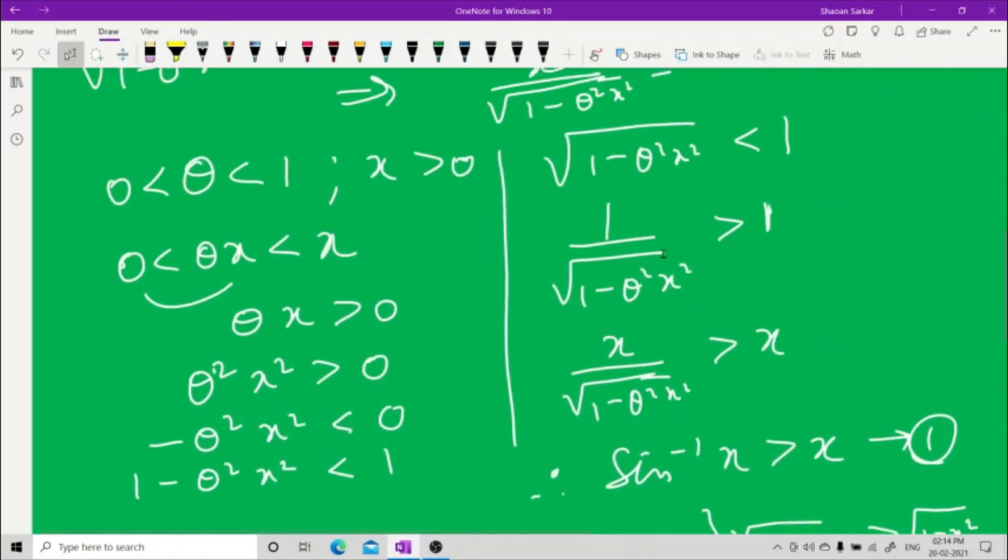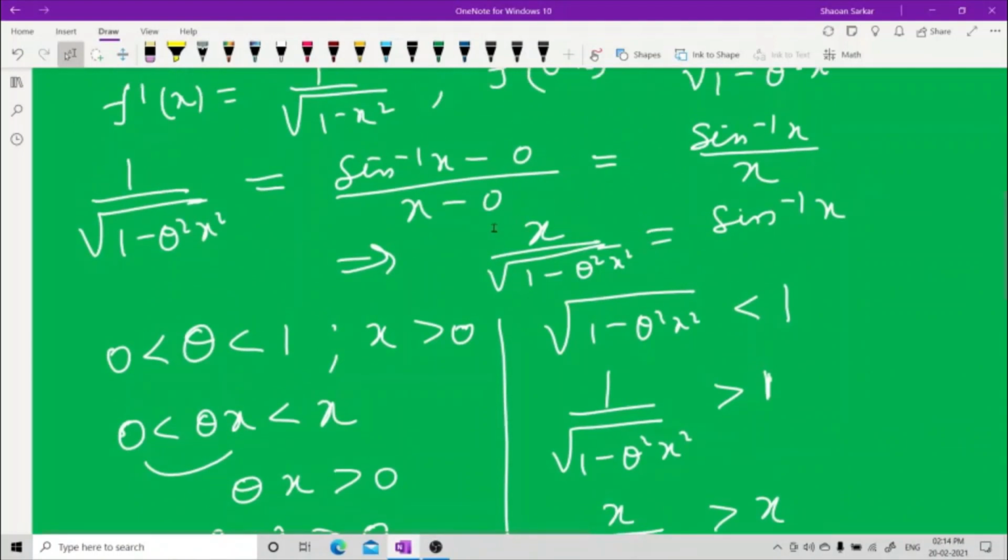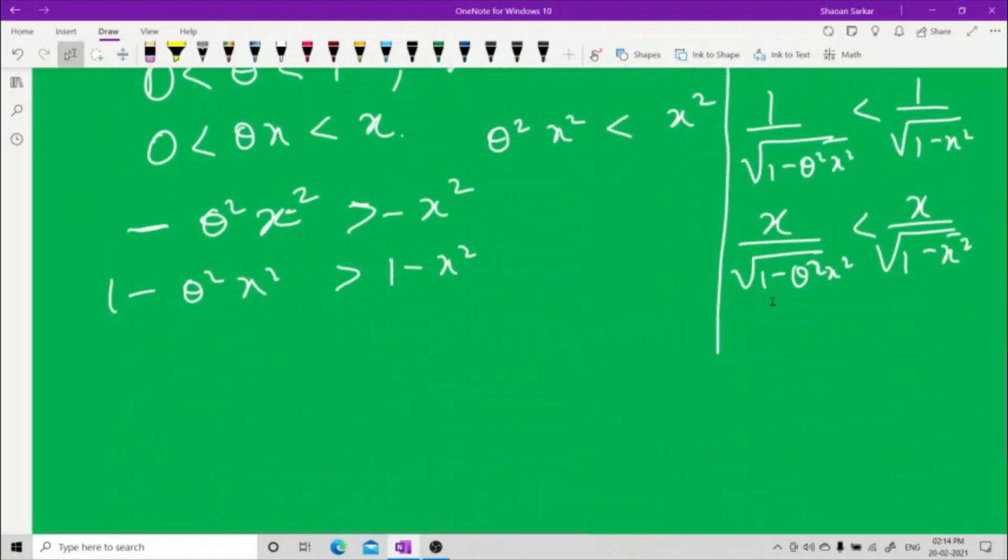So, therefore, sine inverse x is less than x upon under root 1 minus x square.